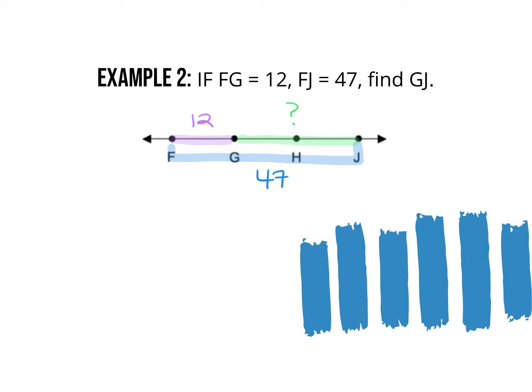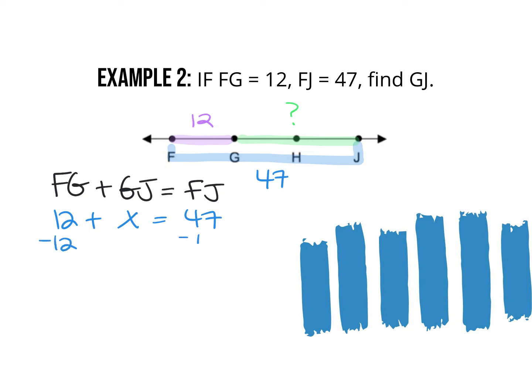This is identical to segment addition that we did in 1.2. We're taking the small plus the other small, which has to equal the big. So FG plus GJ has to equal FJ, and we can do this algebraically. FG is 12, GJ is unknown, which means it's a variable, and FJ is 47. We subtract that 12 to figure out what's missing. So GJ would be 35.